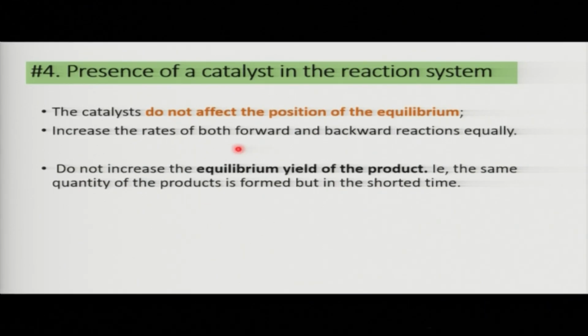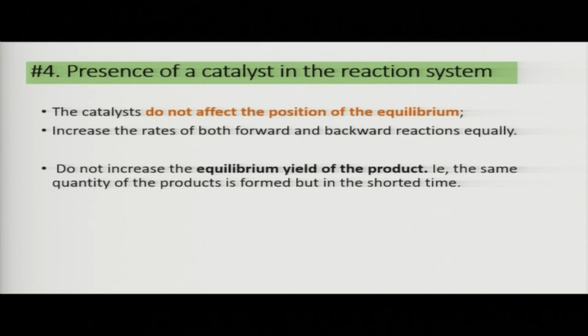That's what we mean by both forward and backward reaction equally. So they do not affect the equilibrium position. They do not increase the yield of the product. So the same amount of the product is formed, but just in a shorter time.